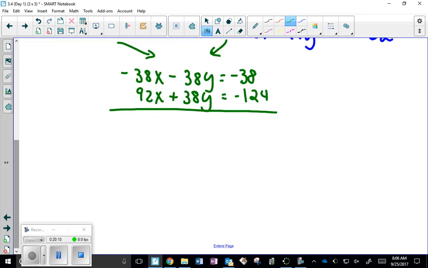Trust me, I'll know when I start, put a solution here. So 92 minus 38, 54. Those are both negatives, so I'm going to add those together. Divide that by 54 and hold my fingers. Woo, yes, 3.